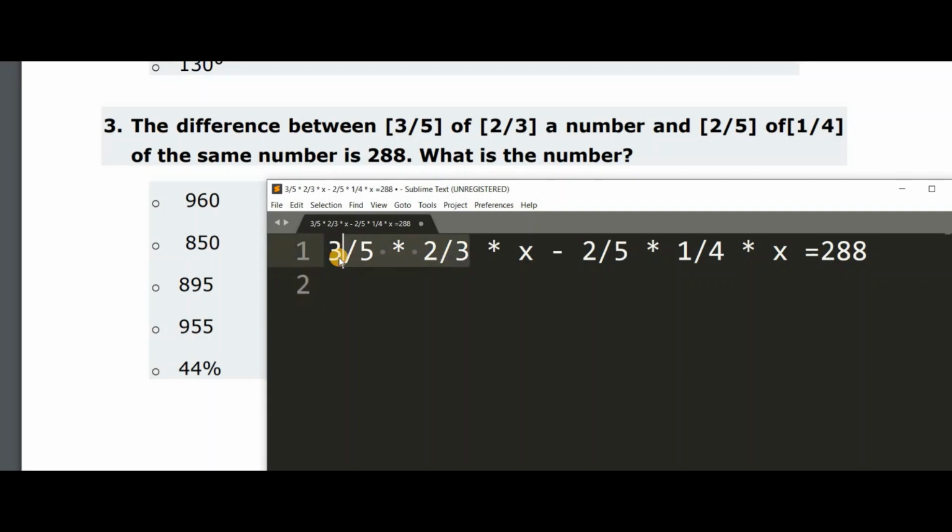If we multiply these two, we will get 2 by 5, as the 3 and 3 get cancelled out. So 2 by 5 into x minus, if we multiply these two, we will get 1 by 10 into x equals 288.